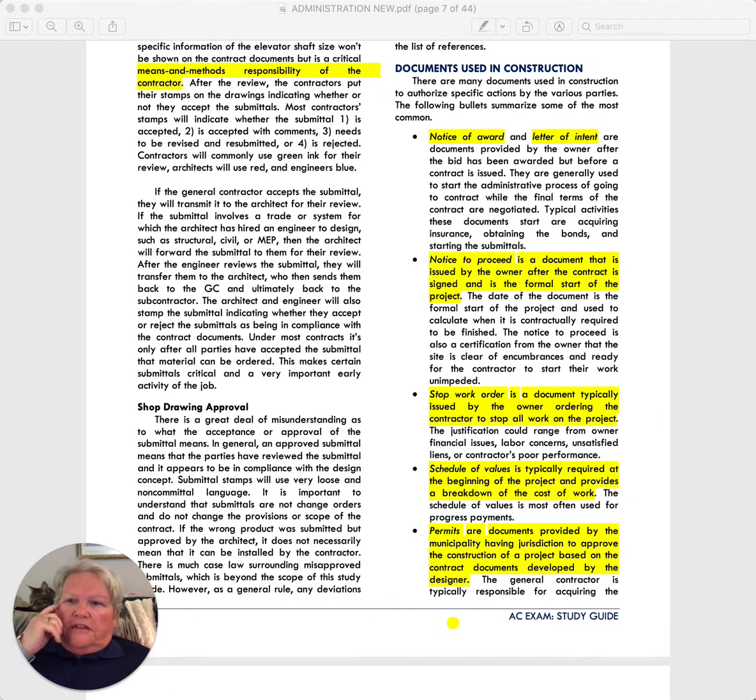So the next thing that's discussed here is a stop work order, and obviously, you had to start work before you could stop work. It doesn't have to be in an official format.